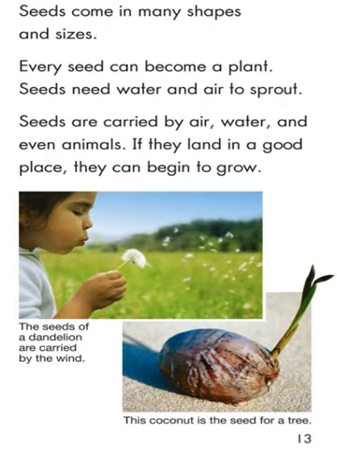Seeds come in many shapes and sizes. Every seed can become a plant. Seeds need water and air to sprout. Seeds are carried by air, water, and even animals. If they land in a good place, they can begin to grow.